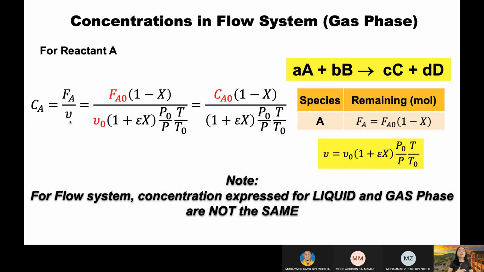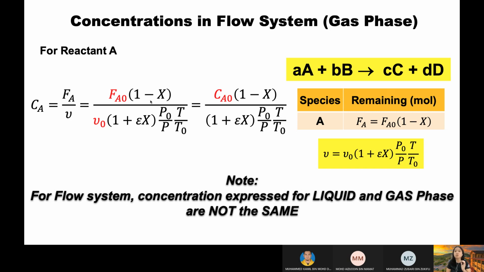So this first step is the same for gas or liquid: concentration equals molar flow rate over volumetric flow rate. Then this equals FA, which you have to check from the stoichiometric table. Same concept, FA from the table is still the same. When we make the table, liquid and gas use the same table, just that the concentration expression differs because of the volumetric flow rate. So FA equals FA naught in bracket 1 minus X.